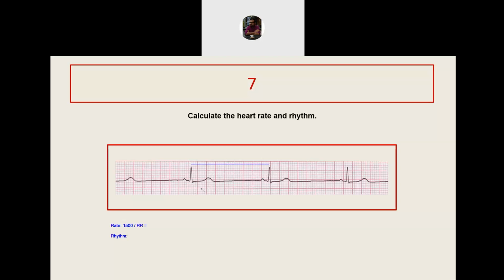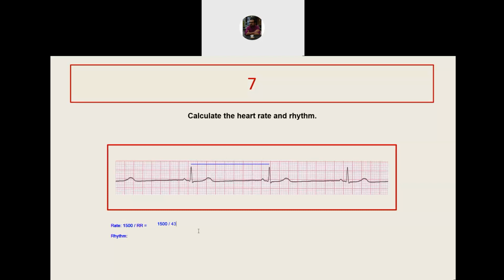So you can see that the RR interval is about 35, 36, 37, 38, 39, 40, 41, 42, about 43. So we can write the rate as something like 1500 divided by 43. And when you divide 1500 by 43, you get around 35.